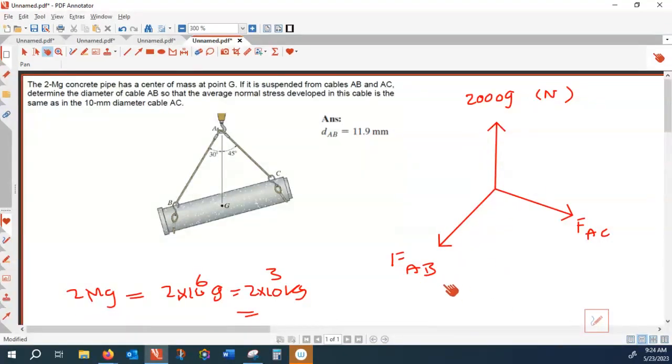So how do I solve that free body diagram? Again, that is almost 20,000 Newton. 2 megagram, that is 10 power 6 gram, 2000 kilogram.